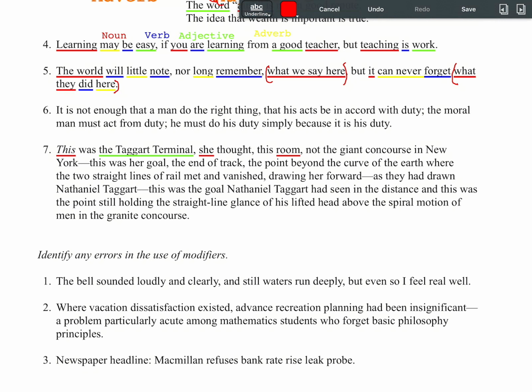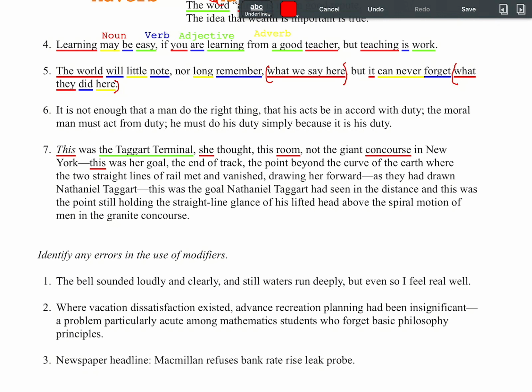Not the giant concourse in New York, so concourse. This was her goal. So this is verbing here. But in this room, it's not verbing. "The end of the track" is a noun phrase because the whole thing, the end of a track, is a thing.